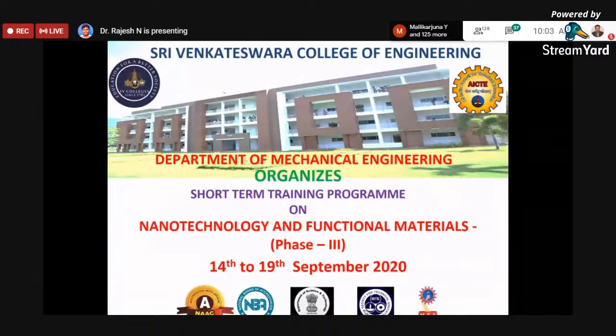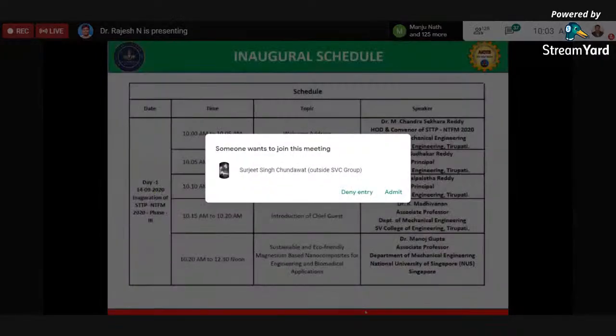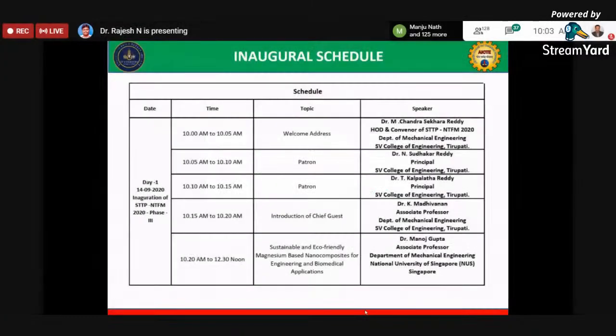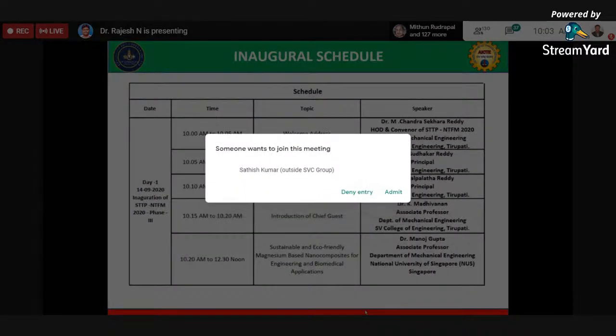I welcome our principal of SVCE, Dr. N. Sudhakar Reddy sir. I welcome our principal of SVEC, Dr. T. Kalpalata Reddy ma'am. I welcome our head of the department and convener of this program, Dr. M. Chandrasekhar Reddy sir. And I welcome all the participants to this third phase nanotechnology and functional materials program.